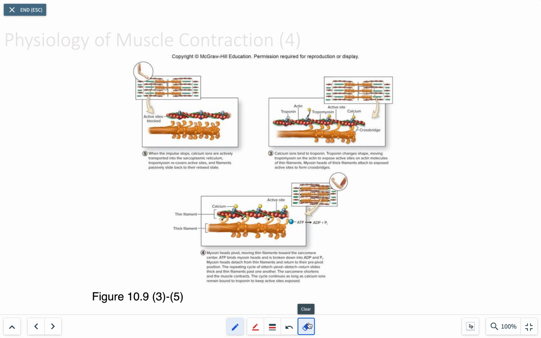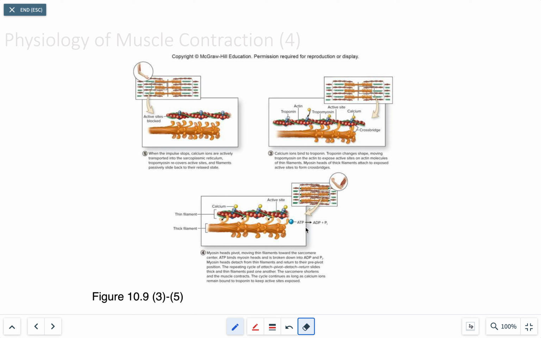So this repeating action of attach, which means cross bridge, pivot, utilizing ATP, and then detaching and returning is considered to be one active contraction cycle.